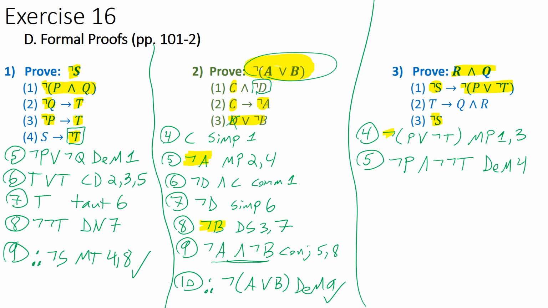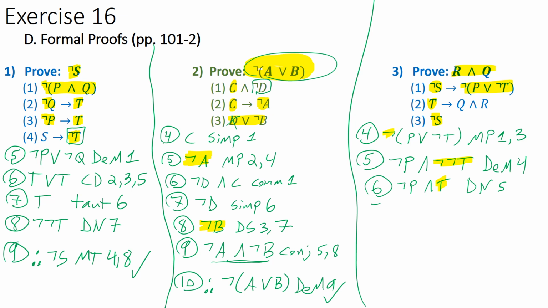Then for 6, we can say not P and T by the simplification, the double negation of 5. So we went from not T to T. Okay, so now what can we do? We have T appearing on line 2 in the antecedent, so let's eventually simplify.